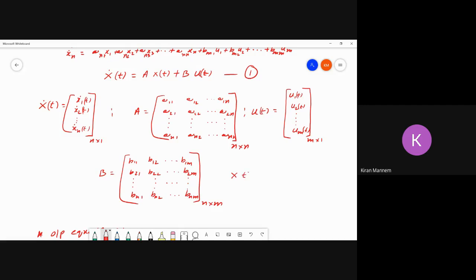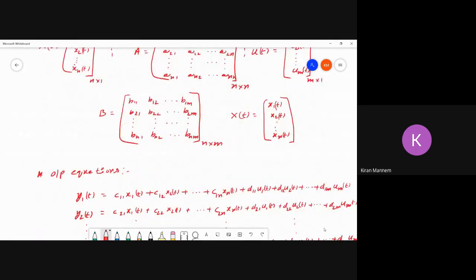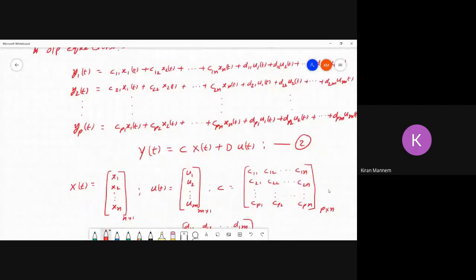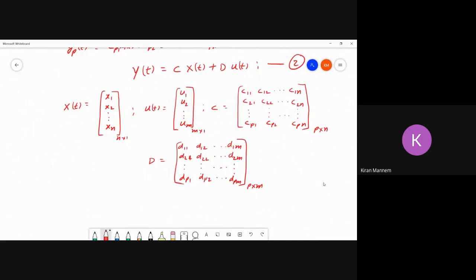So x of t is equal to x1 of t, x2 of t till xn of t. Similarly, for the output equation, y of t would be y1, y2 till yp. These are all vectors.